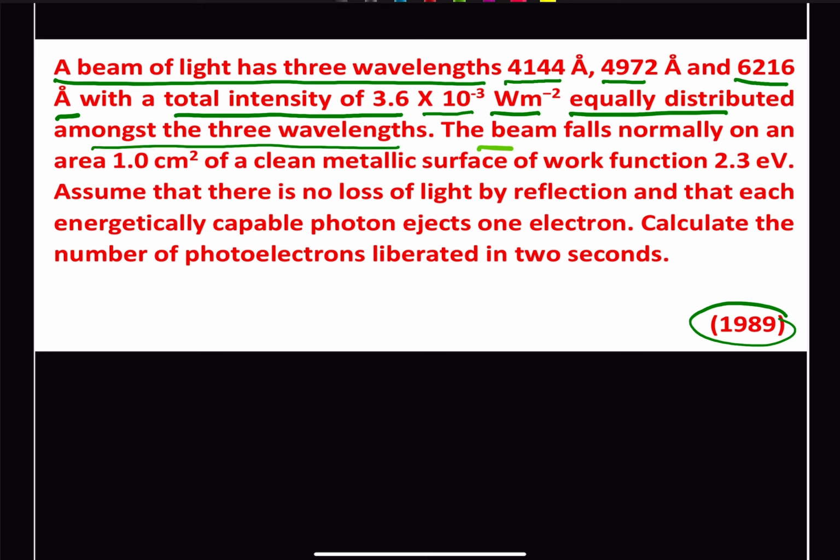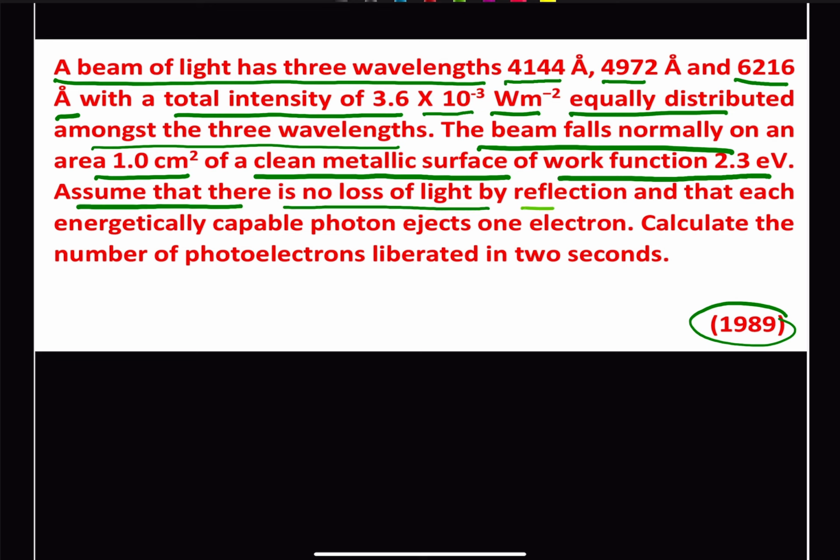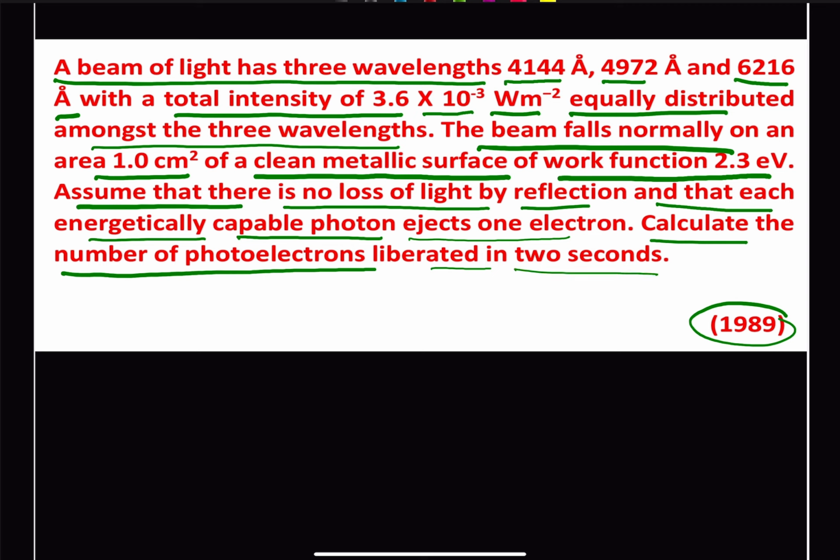The beam falls normally on an area of 1 centimeter square of a clean metallic surface of work function 2.3 electron volt. Assume that there is no loss of light by reflection and that each energetically capable photon ejects one electron. Calculate the number of photoelectrons liberated in 2 seconds.